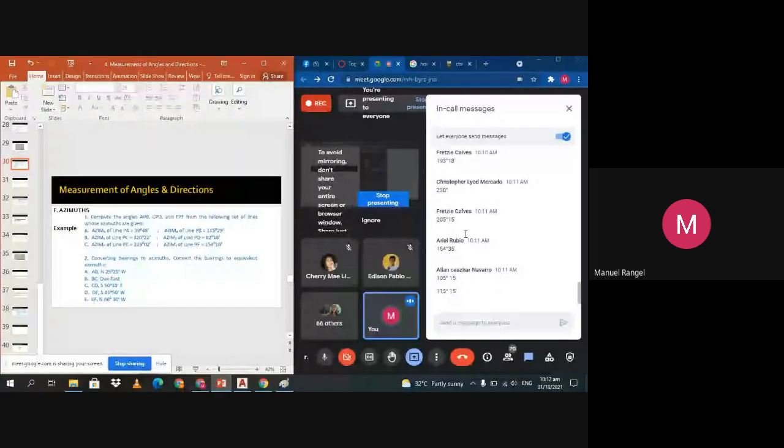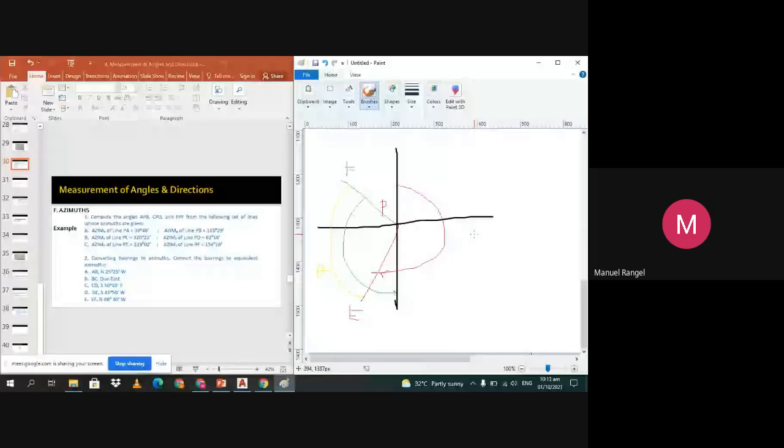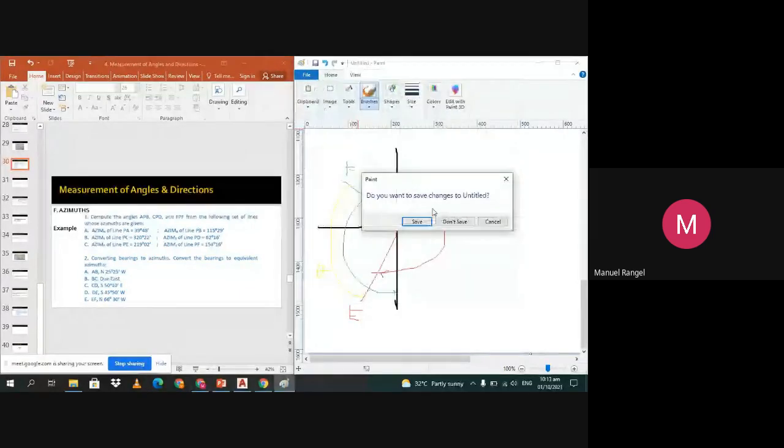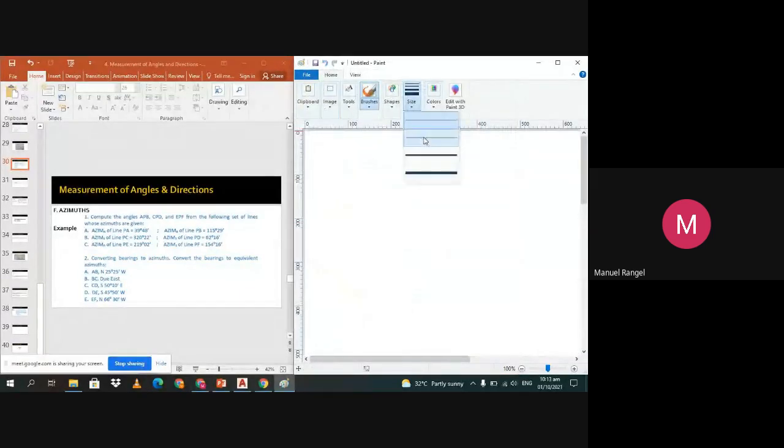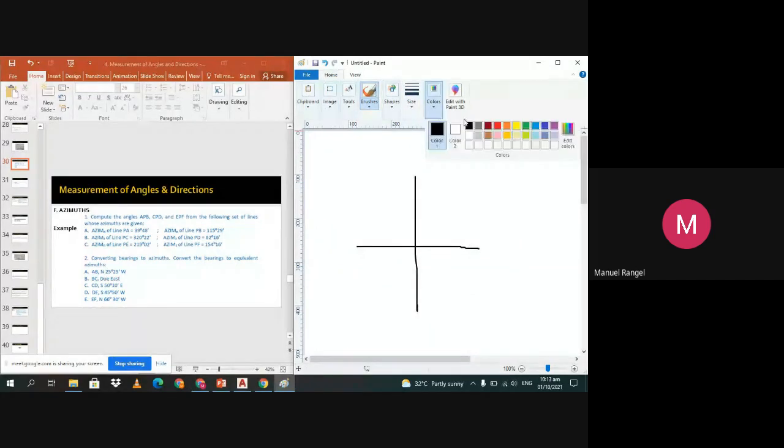You just remove the direction, so the azimuth stays the same. The bearing is north 25 degrees west, so the azimuth is 25 degrees 25 minutes.